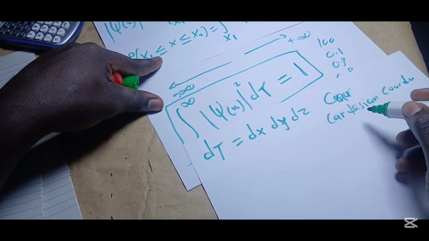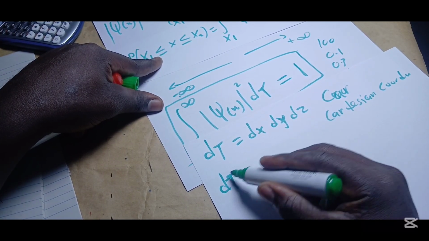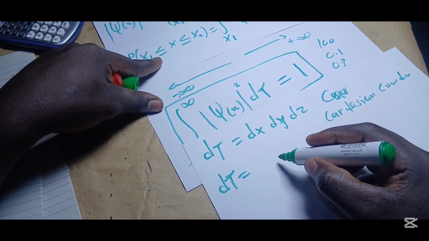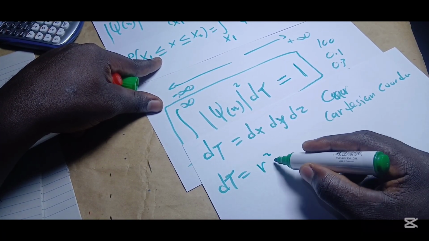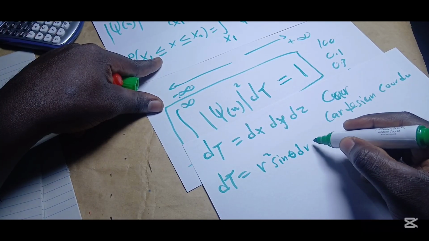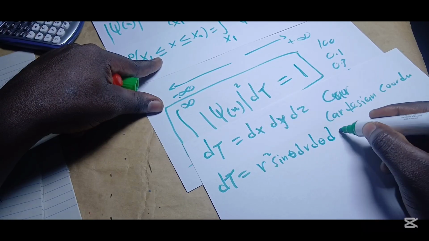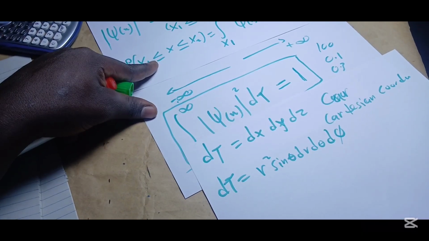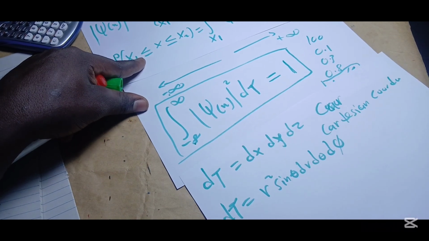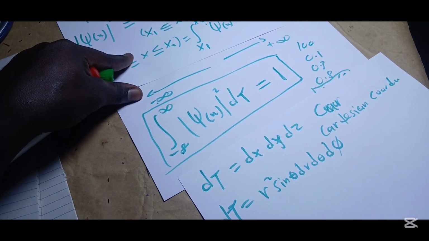But if we are talking about spherical coordinates, then our d tau should be equal to r squared sine theta dr d theta d phi. Well, you need to know all this because it's very important. But we'll be looking at our calculation aspects right after here.